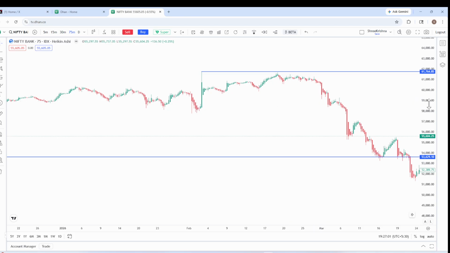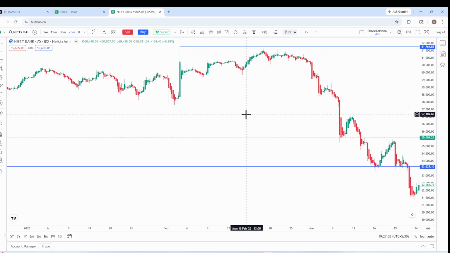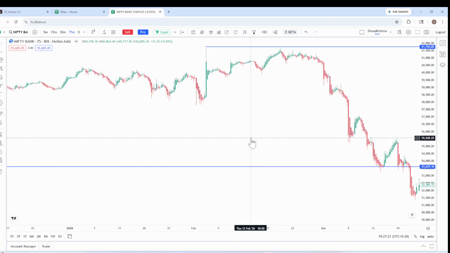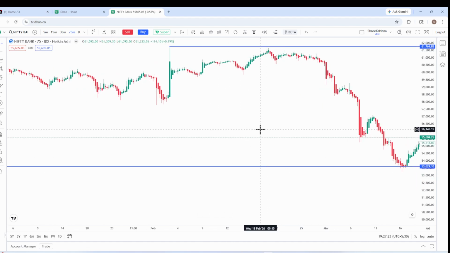The complexity I am talking about is the gaps. To cover up the gaps, I am using a Heikin-Ashi, which is an average candle. It's not a price candle. It's not a closing price candle, it's an average closing price candle.